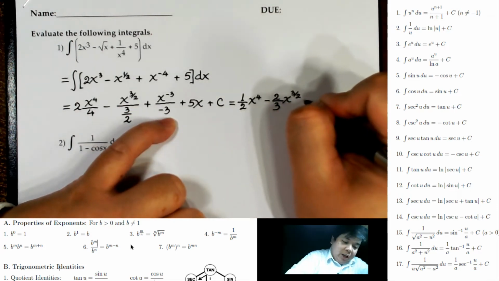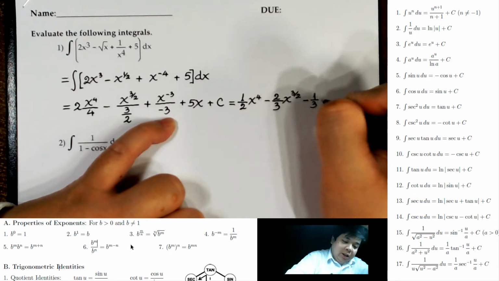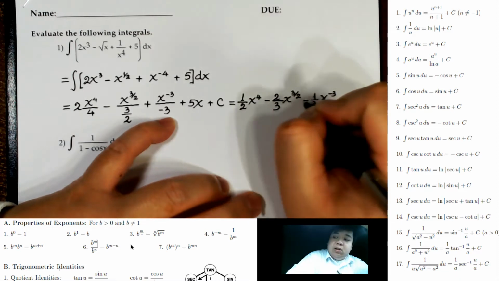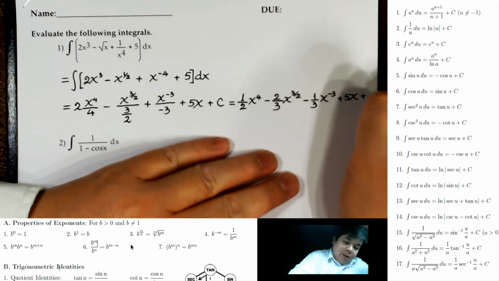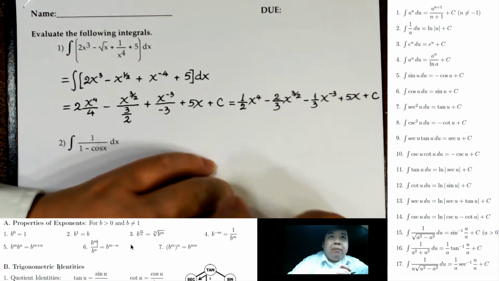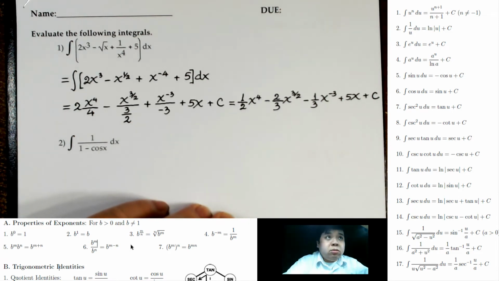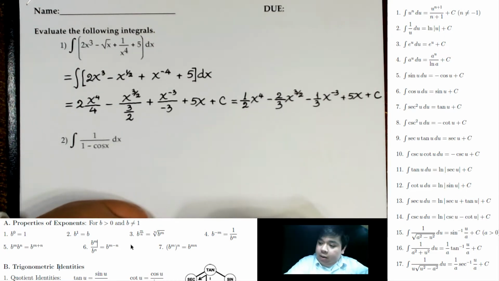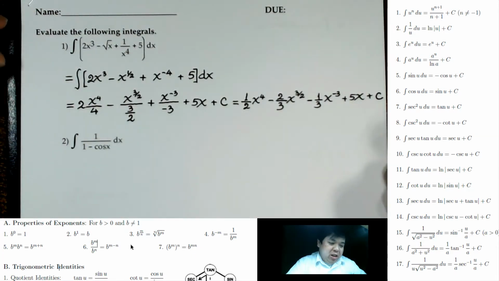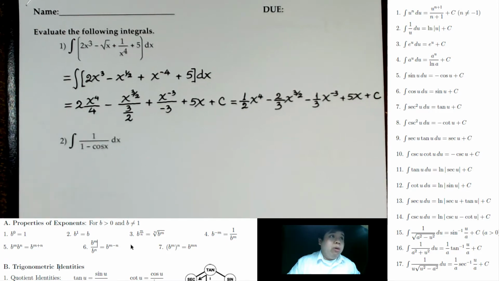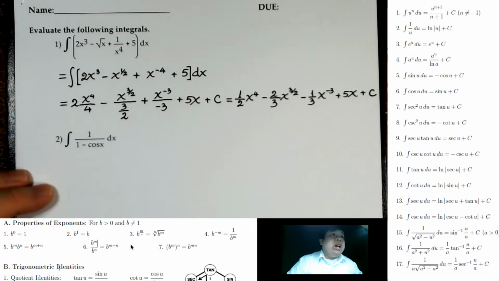This divided by -3 will be minus 1 over 3 x to the -3, and then plus 5x plus c. Right. So that is the first one. Pretty simple power rule. Right. I'll just move to the next one.